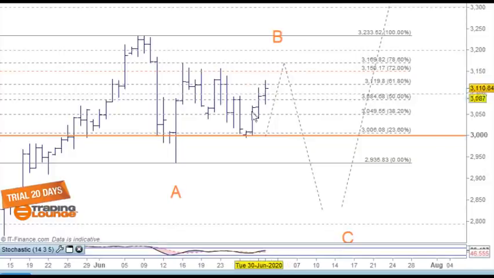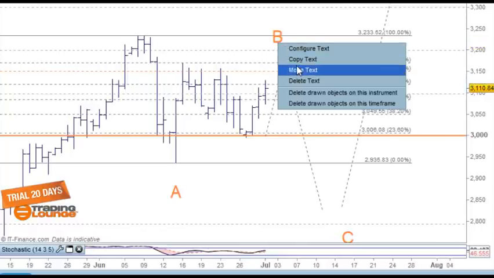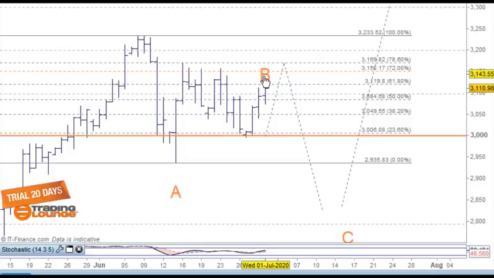I can count 5 waves up in the market. The first initial bit doesn't count very well, but it counts clear on the cash market, so we can look at both of those. Technically, that's where wave B should be sitting, on that 61.8% mark.